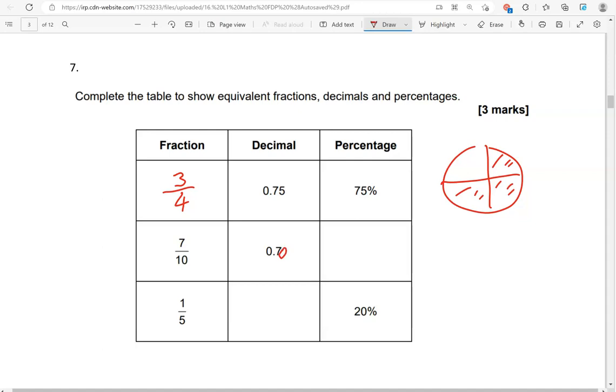Again, it might help if you put a 0 after that, so that is 70%. If you're unsure, you can draw a number line as well and see where that goes. It stops at 70%. Then we have 1/5, which is 20%. So again, 20%, that is like 20 pence. So 0.2 or 0.20. Doesn't make any difference.